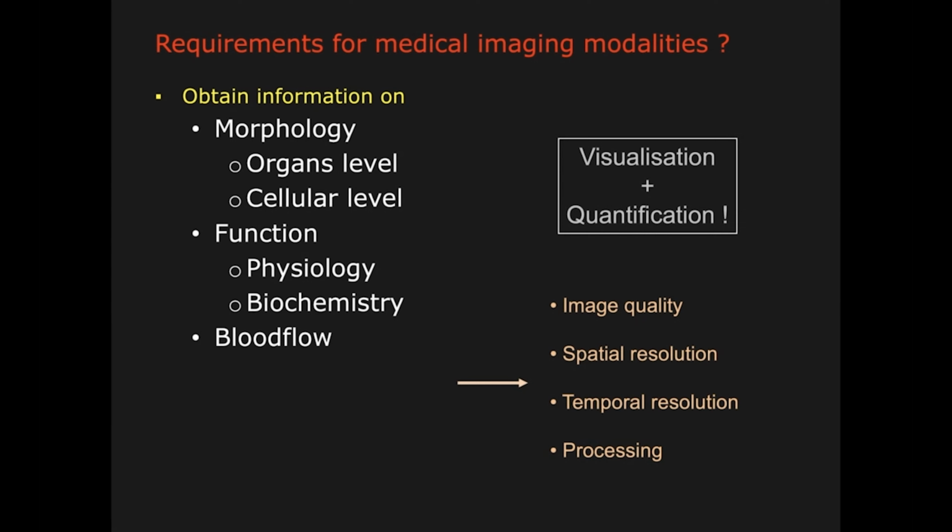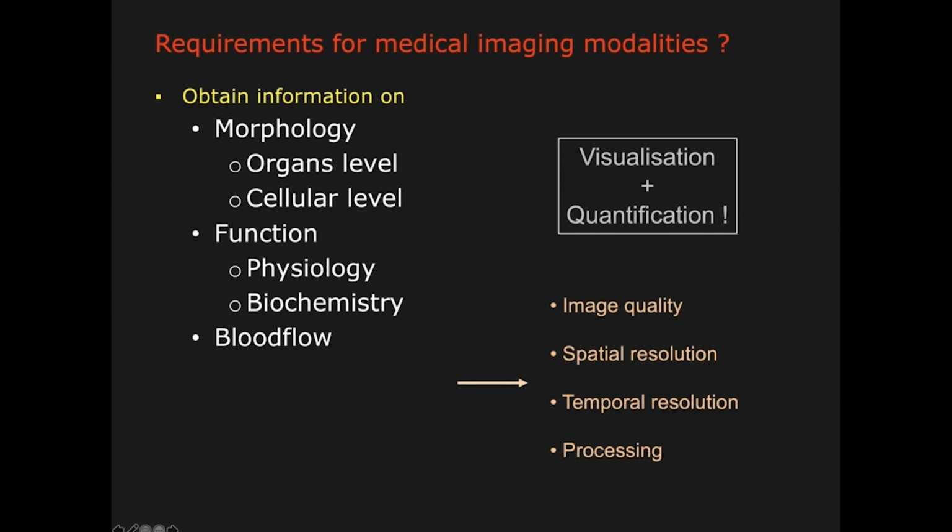That means mostly that we have to quantify appearance of images, not only the shapes or sizes that we see on the images, but really appearances. And of course, when we talk about function, then we need to be able to quantify it, especially if we do follow-up of patients during therapy, for example, or over the years to look at worsening of some conditions. We need to be able to compare measurements in order to look at the effect of these things.